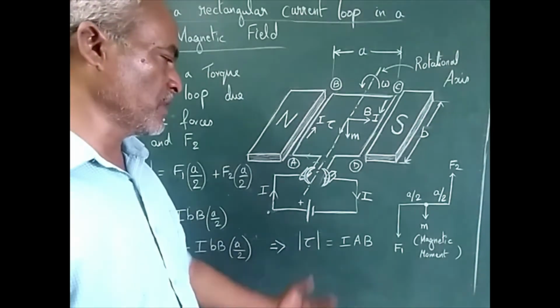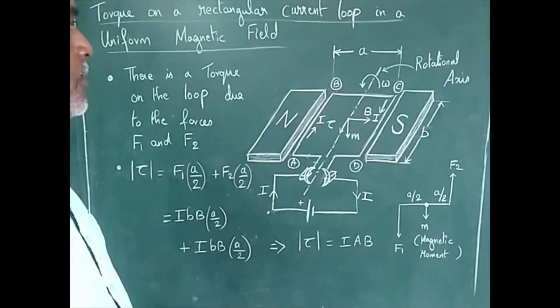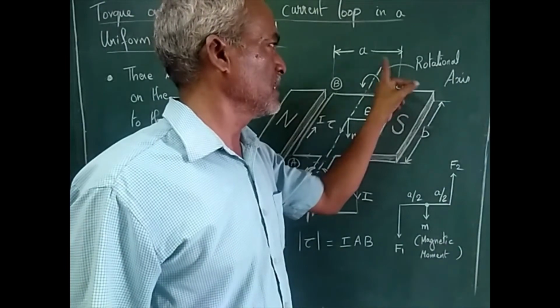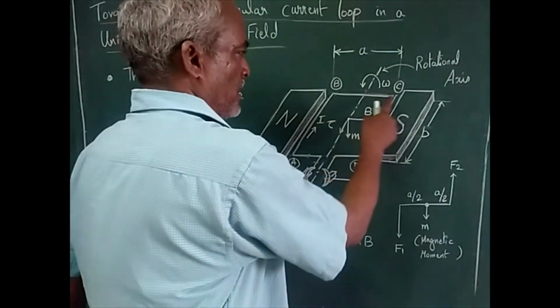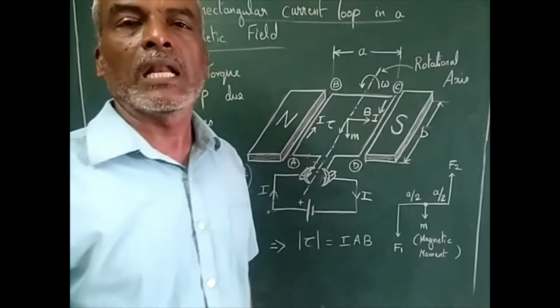The magnitude of the torque is nothing but you add these two terms, and you know this length is B and this breadth is A. That gives the area of this rectangular current loop.